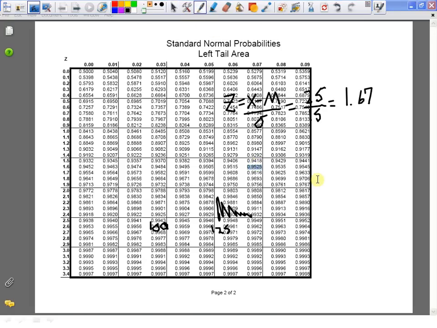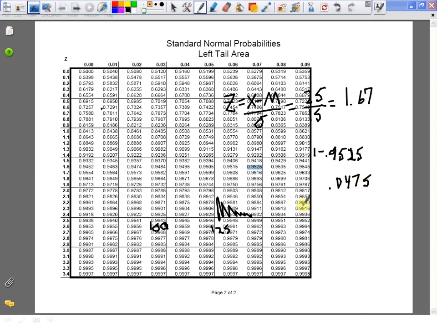So we can subtract that from 1. 1 minus 0.9525 is 0.0475.